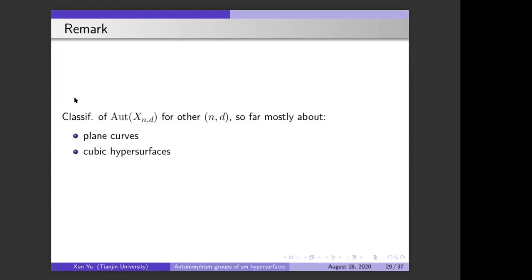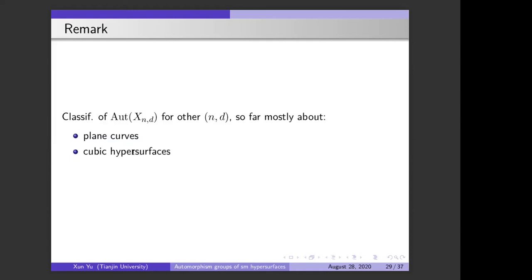Okay, so this is our classification for the quintic threefold and cubic threefold. How about for other n and d? To my knowledge, there are mostly works towards the classification of automorphism groups for plane curves, and plane and cubic hypersurfaces. For example, all possible automorphism groups of cubic surfaces are classified.